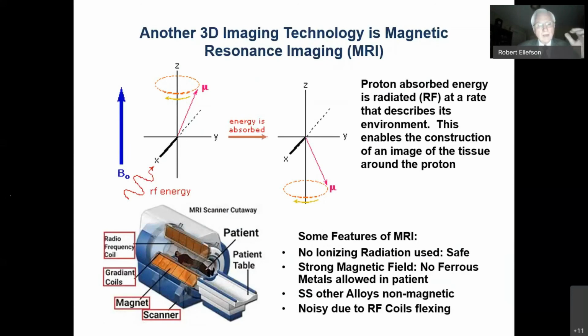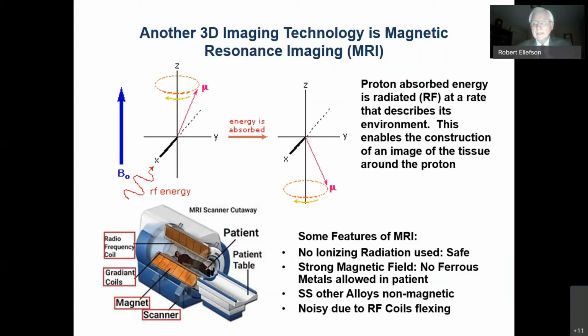Well, if you come in with an RF pulse with RF energy at the resonant frequency at which this is precessing, you can grab hold of that magnetic moment and have it point in a higher energy state by absorbing energy and pointing opposite the field. That's a higher energy state. So when you release the pulse and it stops, immediately this wants to relax back to the original low energy state.